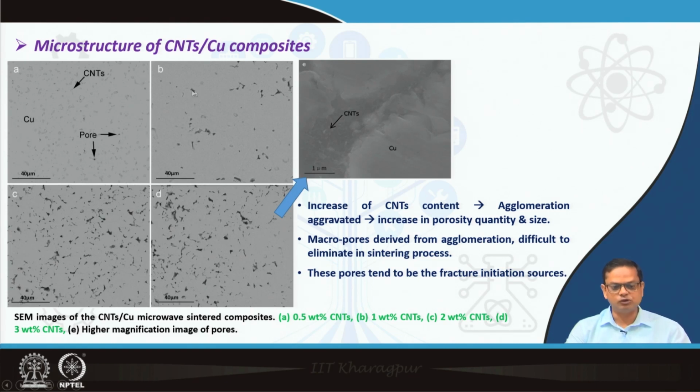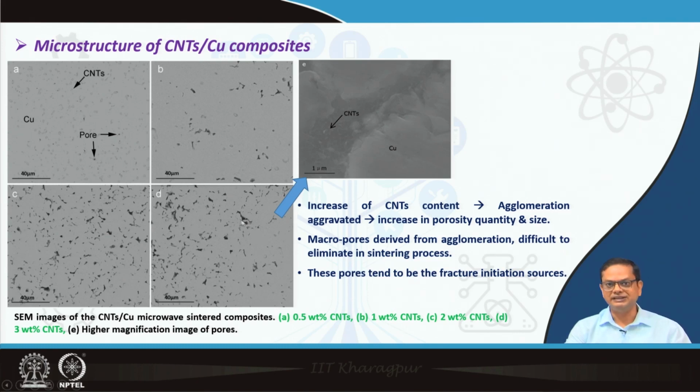But as you increase the amount of CNT, the porosity volume fraction increases. The porosity size and the number of pores increase to a very high level, and that is happening because of the agglomeration problem, which I have discussed a number of times in my class: if we have too much of nanoparticles as reinforcement, it is extremely difficult to disperse them evenly in the microstructure.